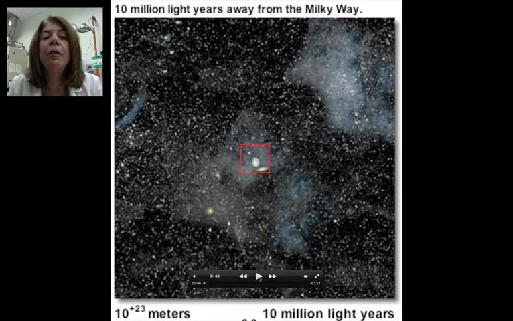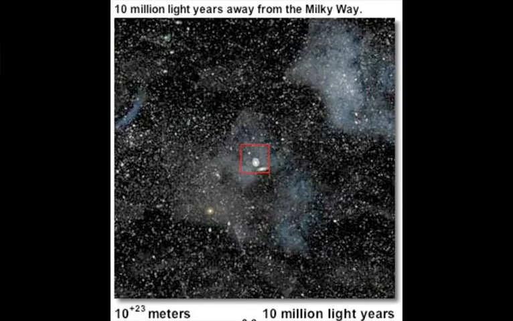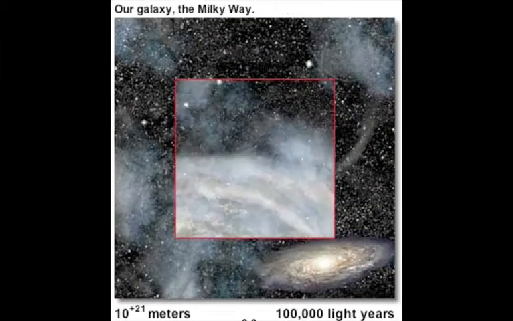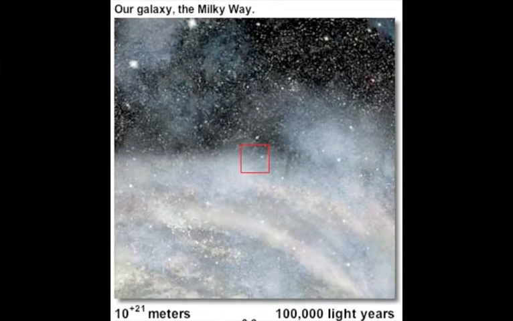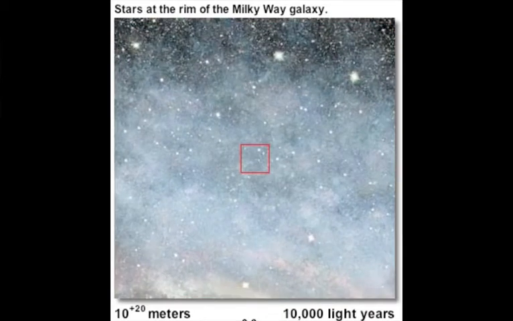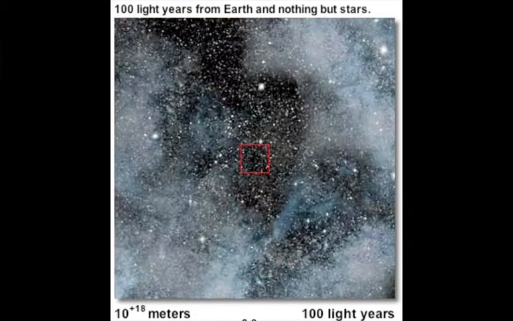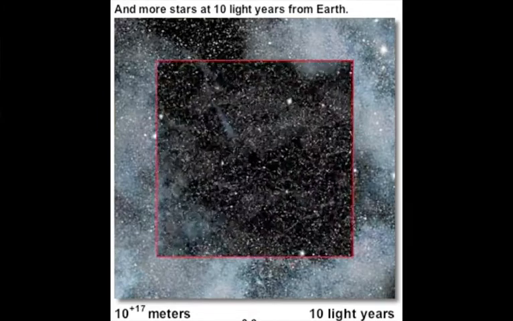Okay, here's a video that basically shows levels of organization within it. It also takes a wider aspect of various levels. Here we go. So we're looking at our galaxy, the Milky Way galaxy. Now we're zooming in, and there's our Milky Way galaxy. Now we're getting closer to the Earth.